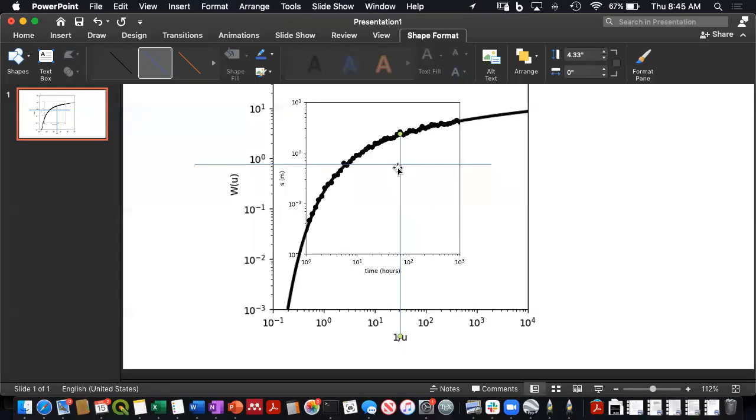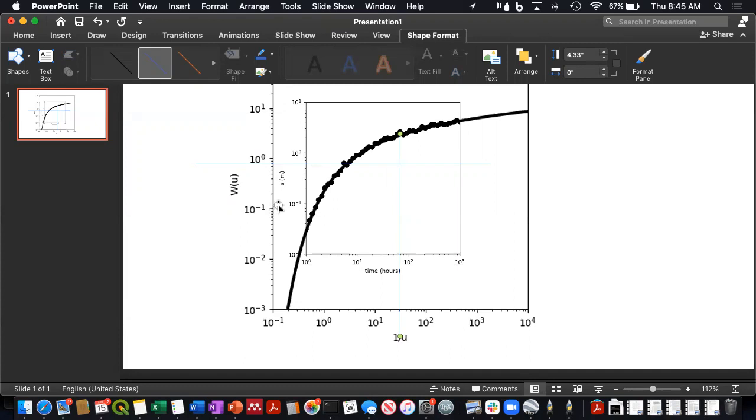The first thing I'm going to do is record W(u), 1 over u, s, and t for these match points. So my value for W(u) is 10 to the minus 1, so on a log scale, this is 0.1.